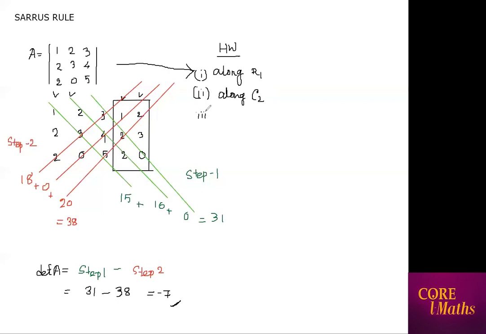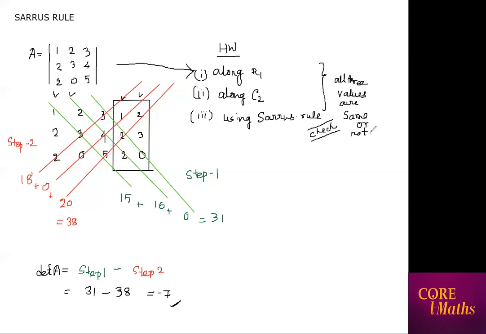Then using Sarrus rule, also check if all 3 values are the same or not, right?